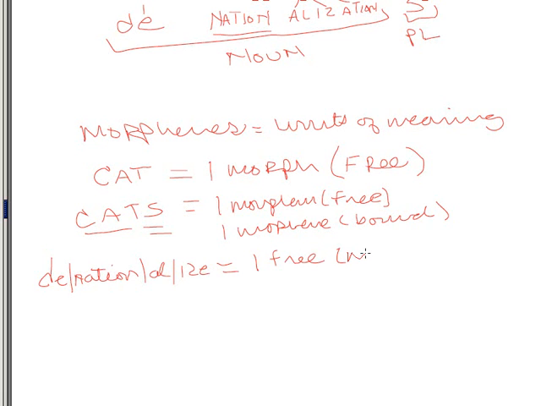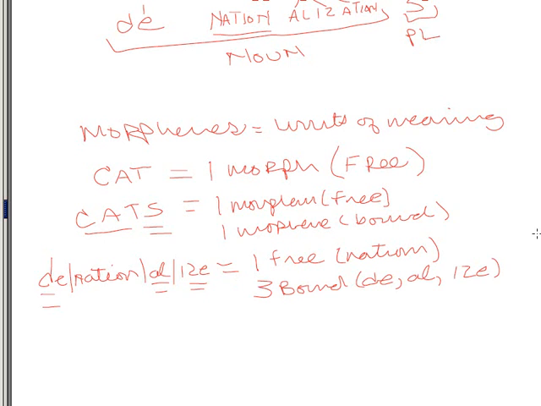We also have a number of bound morphemes. We have de-, -al, and -ize. So we have 1, 2, 3 bound. They can't stand by themselves. Those include de-, -al, and -ize.